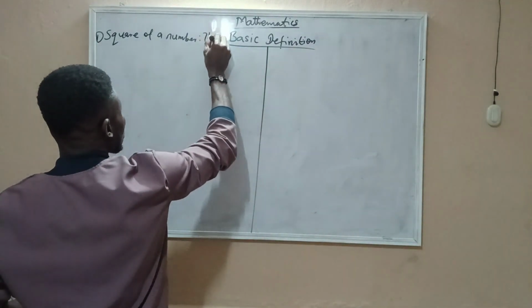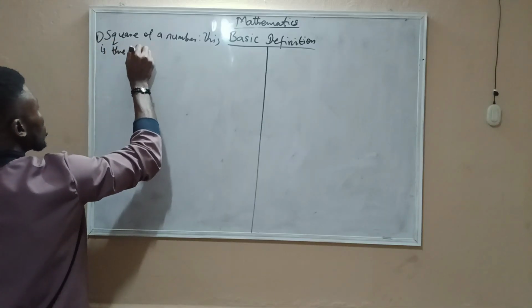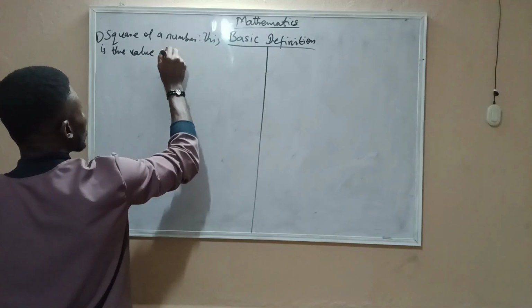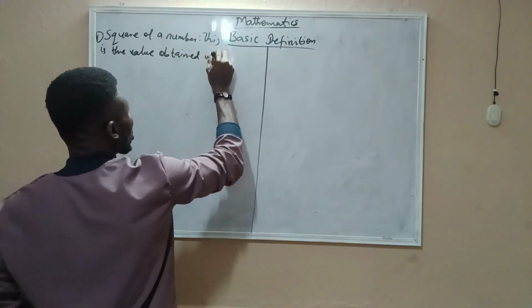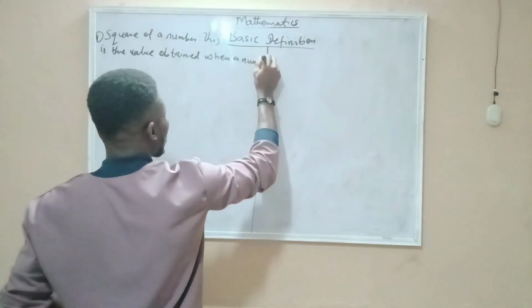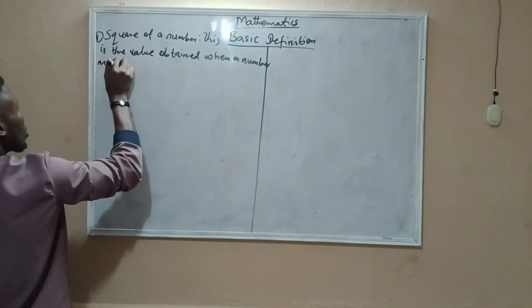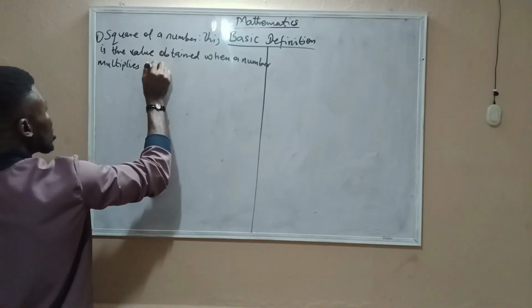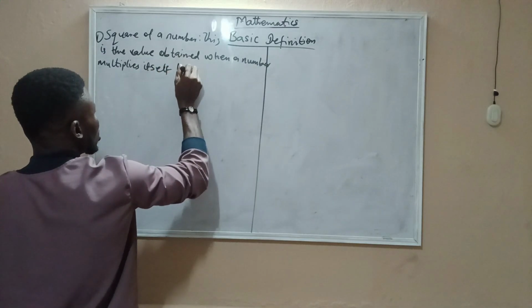This is the value obtained when a number multiplies itself twice.